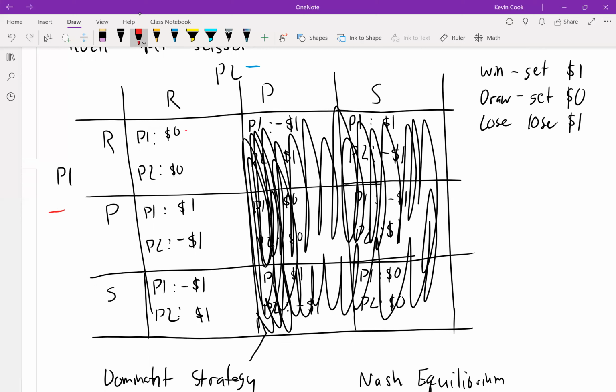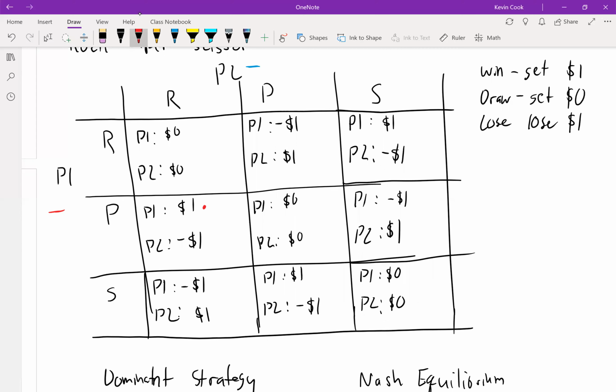So I have a choice between $0, $1, or losing $1, in which case I'm going to take my winning of $1 because I'd rather win than lose. Similarly, if I know that player two is going to pick paper, I have a choice of -1, 0, or 1, in which case I'll pick my win. And if I know that player two will pick the scissors, I'm going to pick rock.